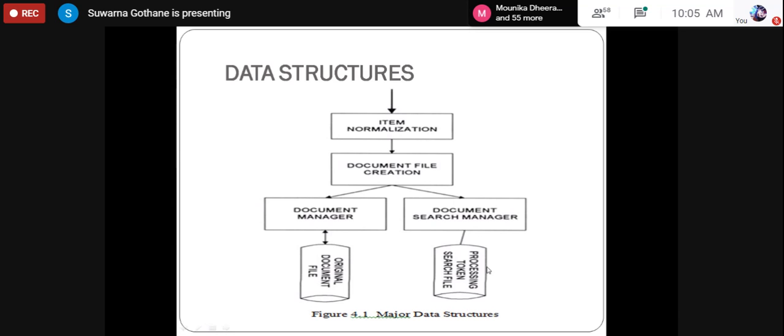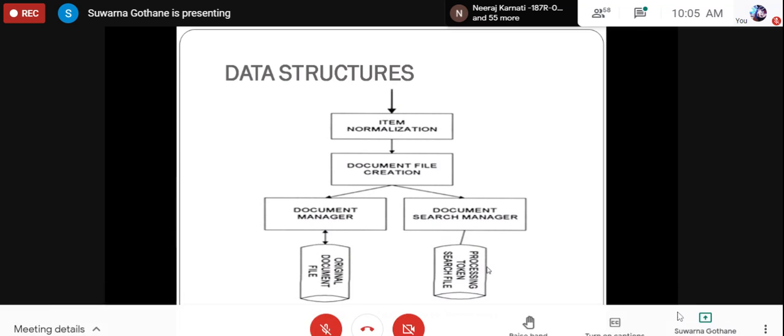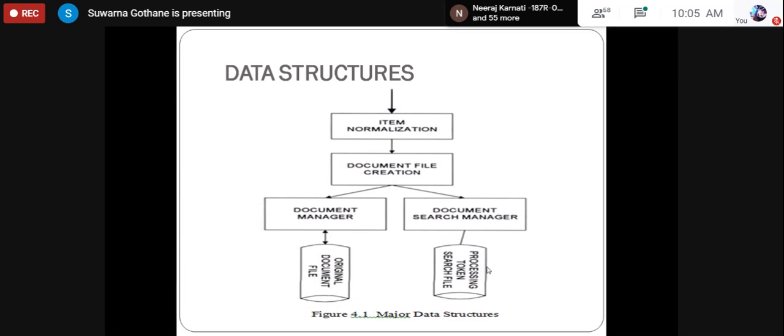In this unit we are learning various data structures and algorithms such as the stemming algorithm, the Porter stemmer, the PAT tree or Patricia tree, the signature file, and the inverted index. These are the various algorithms that we are going to learn here, and they are associated with the searching process, not with the original data.